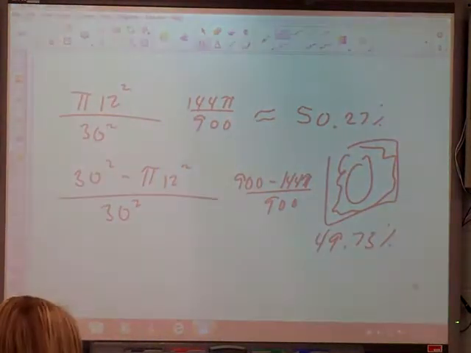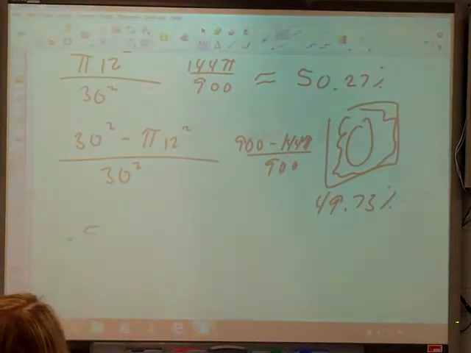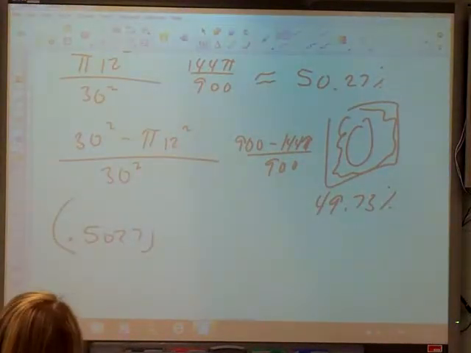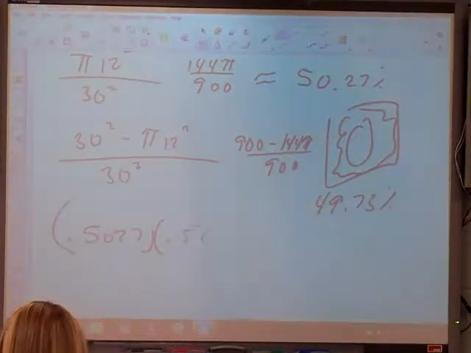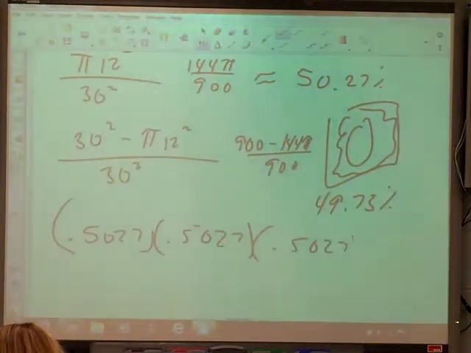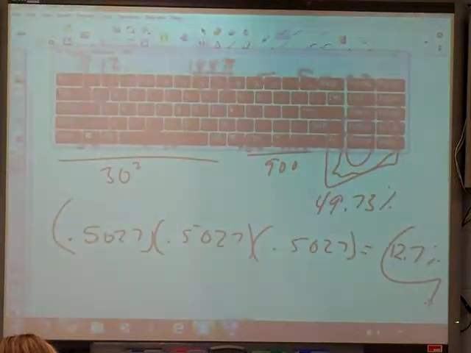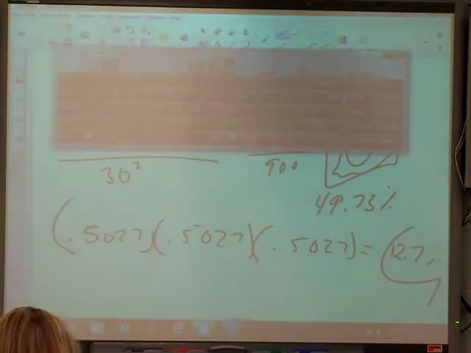So I'm going to put my A answer back to the decimal. 0.5027 on the first try, 0.5027 on the second try, 0.5027 on the third try, which got me 12.7%. So we put 13%. Yeah, 13 would be where that would round to.